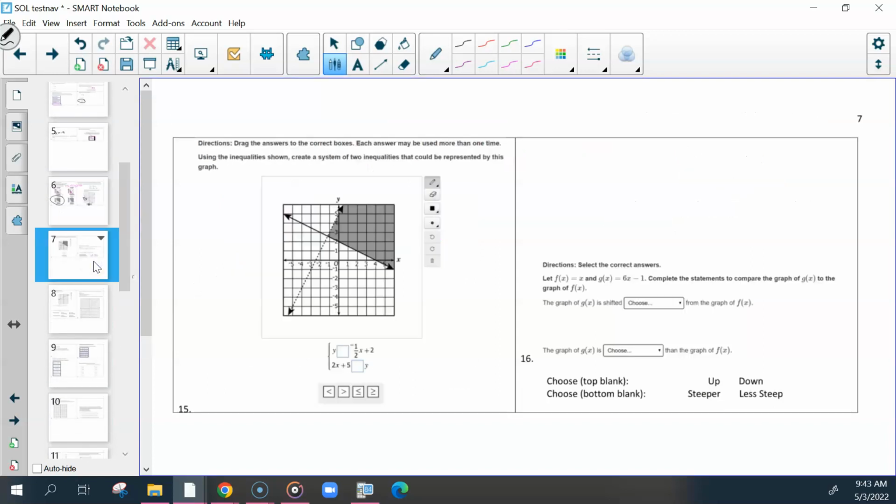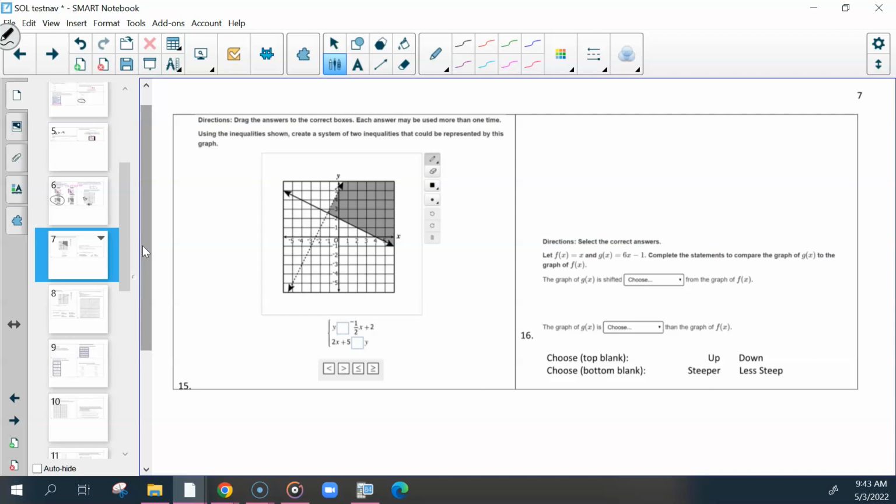Moving on to 15. Now 15, there's a graph for you, and it basically has the equations.